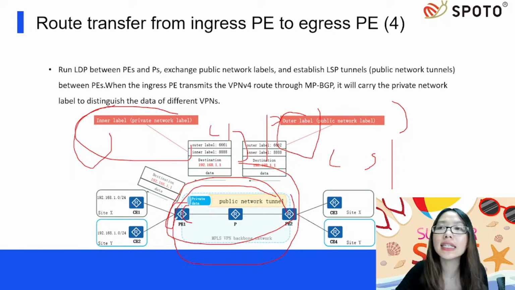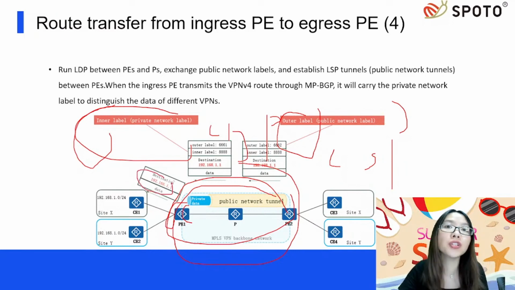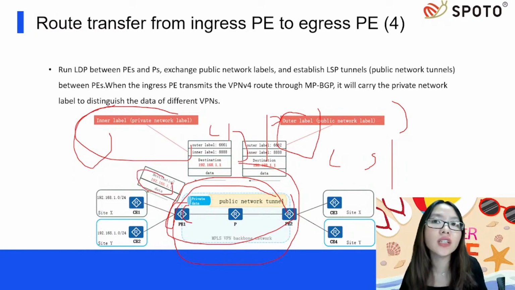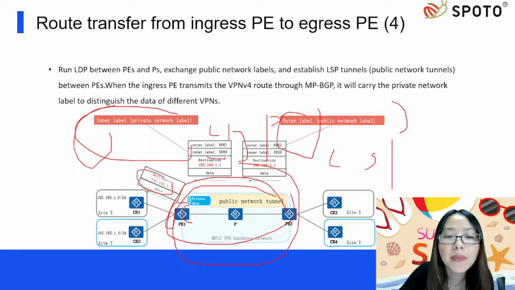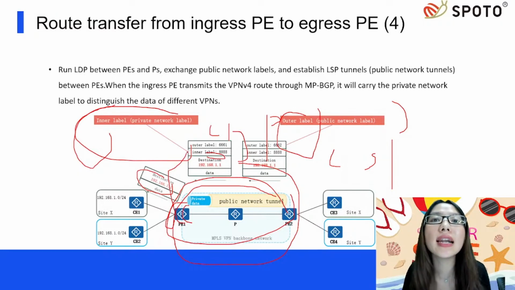The PE determines the VPN to which the data belongs according to the inner label.